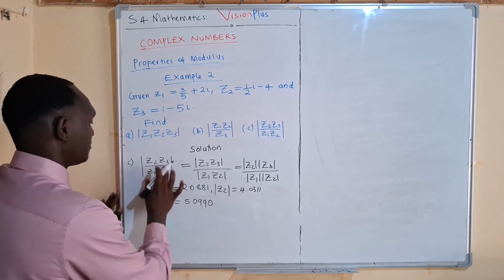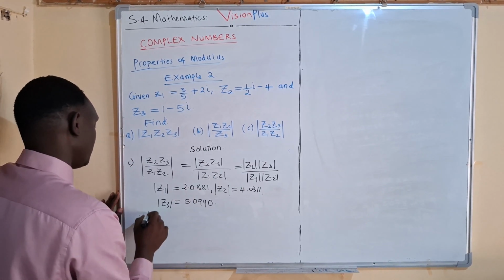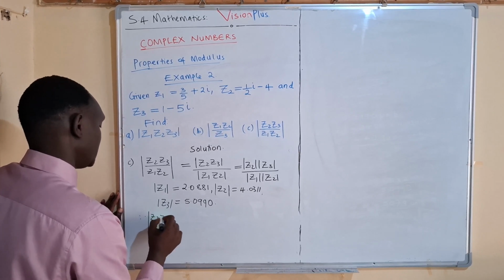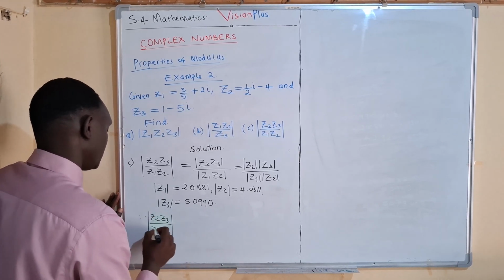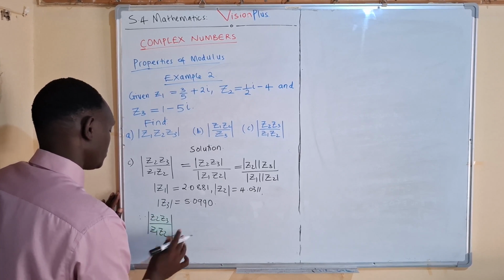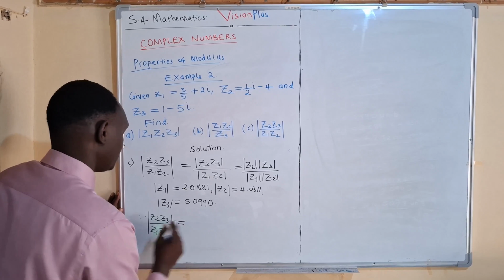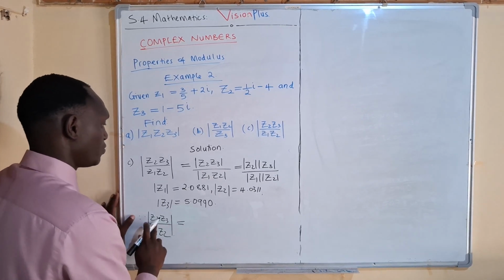Now we just need to substitute here. So the magnitude of Z2, Z3 out of Z1, Z2 becomes: what is Z2?